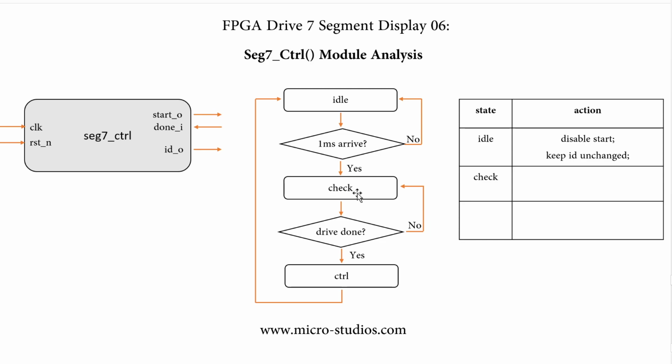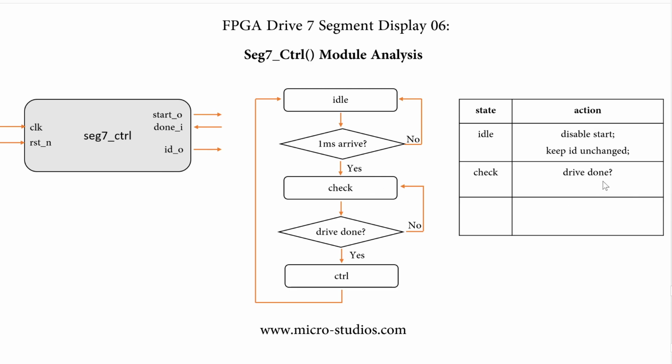The check state will check whether the driver is done or not. It means whether the driver is busy or not. If the driver is free, we go to the control state. The control state will enable the start signal and increase the ID by 1.